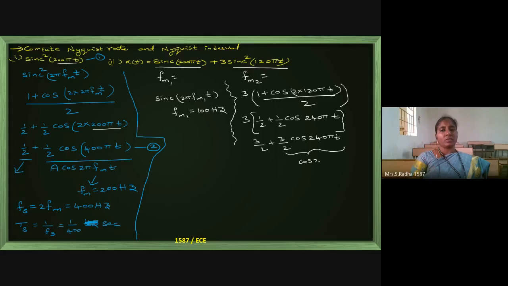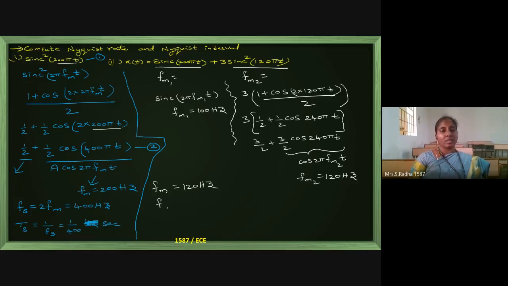So cos 2 pi fm2, second term, so I am writing fm2. From this, fm2 value is 120 hertz. Now the overall maximum frequency for x of t, whichever is maximum out of the first term and second term, that we have to take as the overall maximum frequency for the given signal x of t, that is 120 hertz.